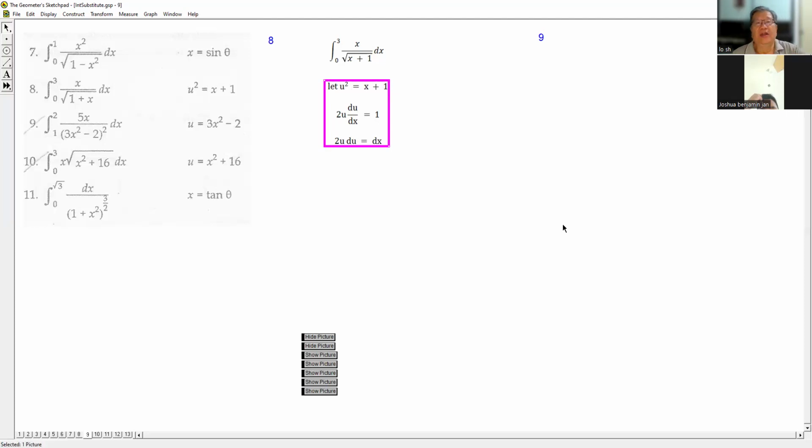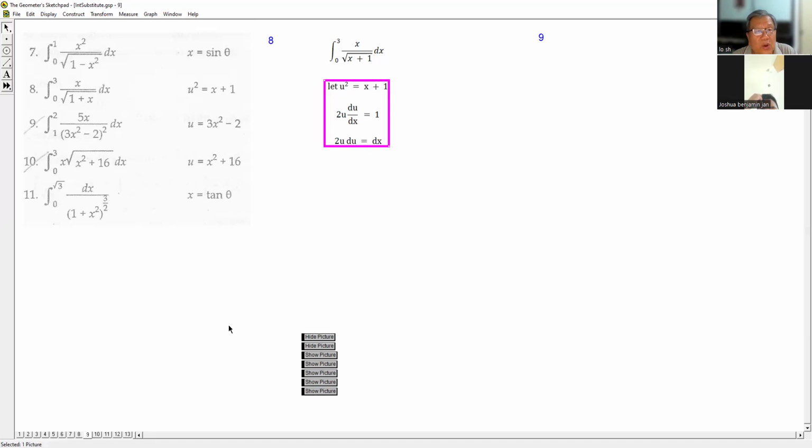Okay. Left hand side, settle. Differentiate x with respect to x, 1. Differentiate 1, 0. Okay, right. So when I separate the du and dx, it becomes 2u du equal to dx.